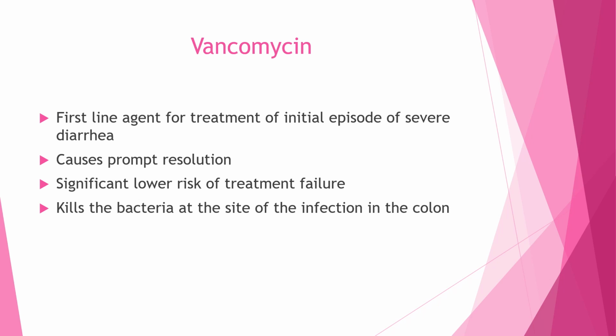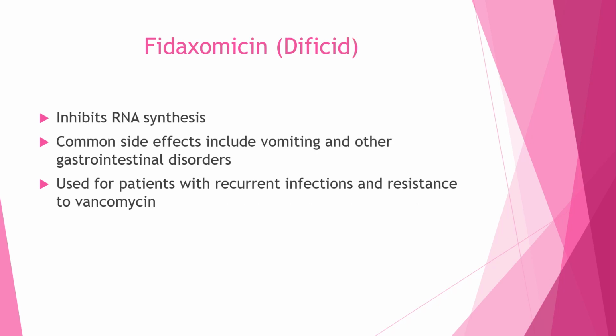Okay? Dificid will inhibit RNA synthesis. Some of the more common side effects include vomiting and other GI disorders. It is used for patients with recurrent infections and if you are resistant to vancomycin.